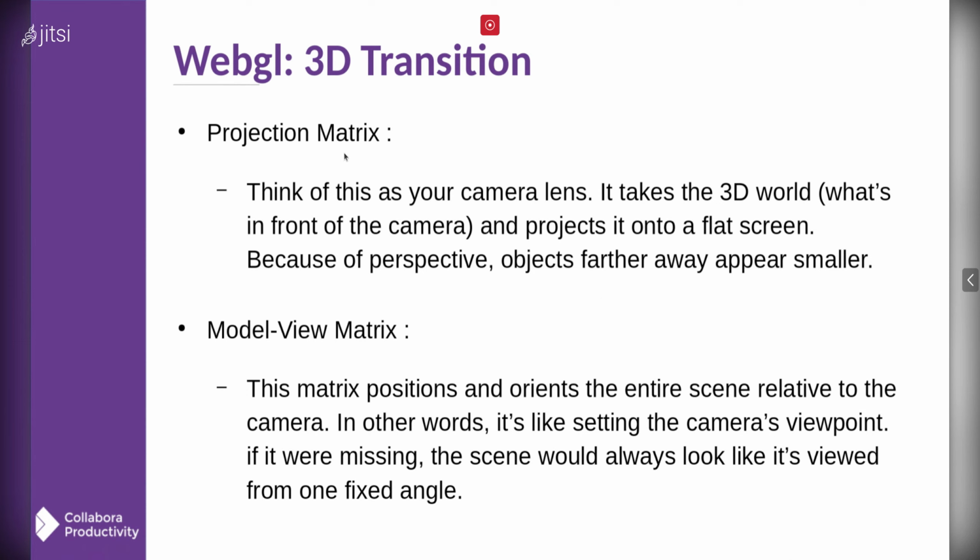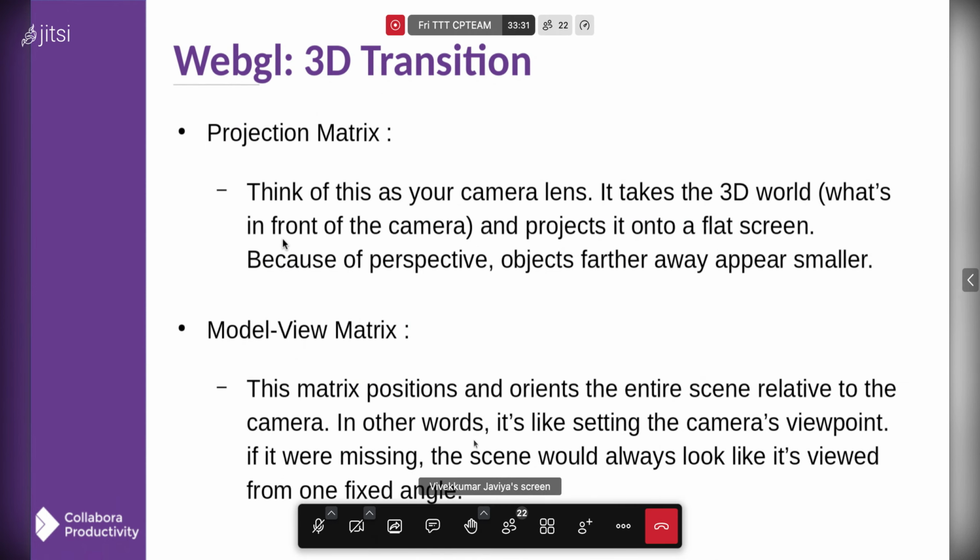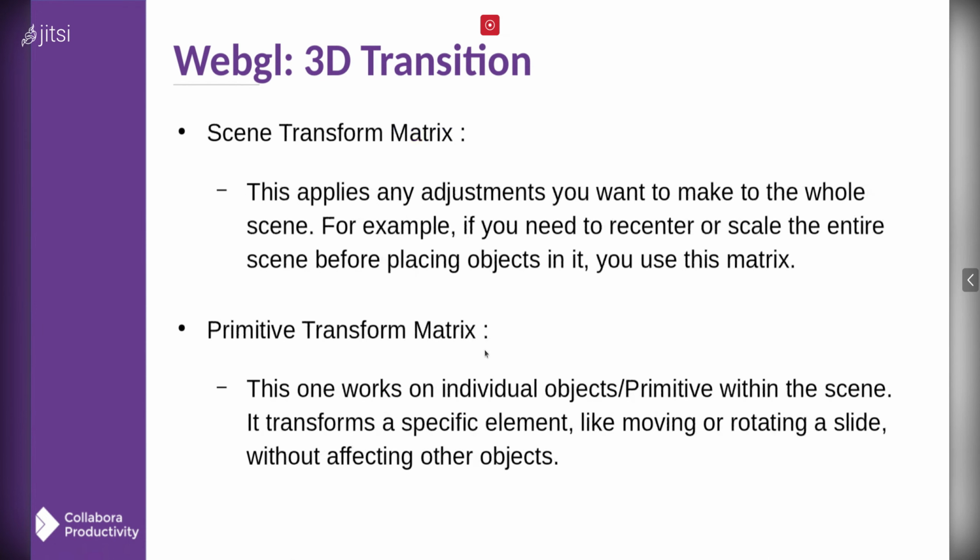That's what the projection matrix does. The model view matrix positions and orients the entire scene relative to the camera. In other words, it's like setting the camera viewpoint. If it were missing, the view would always be fixed and static. So it's actually the camera angle that's decided by the model view matrix.